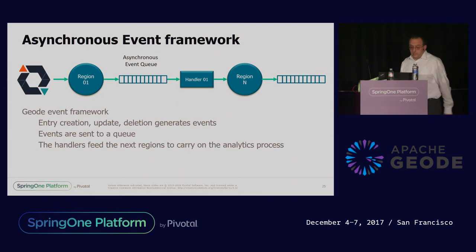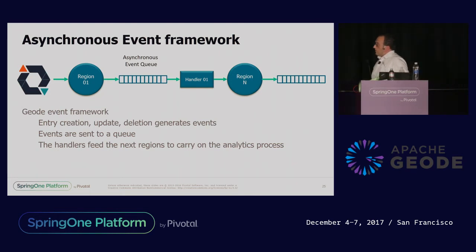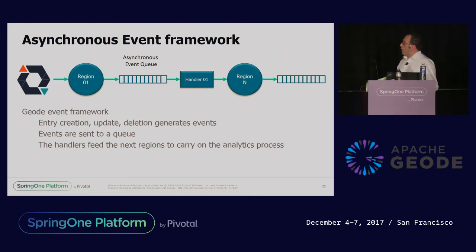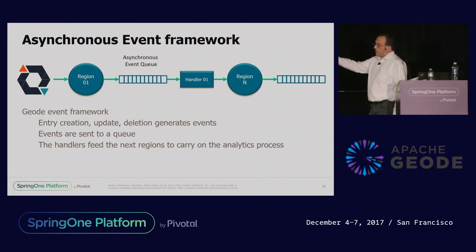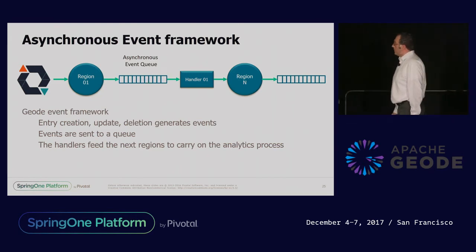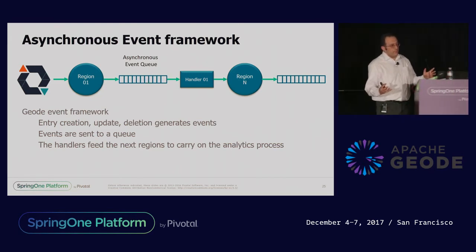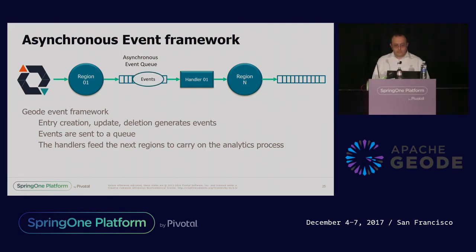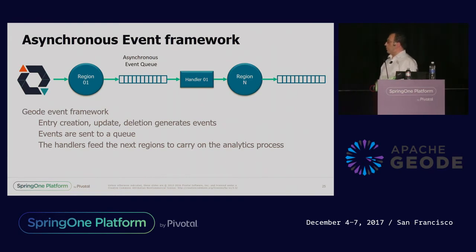So, very easy. The asynchronous framework is as follows. When OpenESB or any other product sends a message to a region, it generates an event. The event goes to an asynchronous queue, and when the queue is full enough, the events are sent to a handler. It could also be named a listener. It's a Java process.